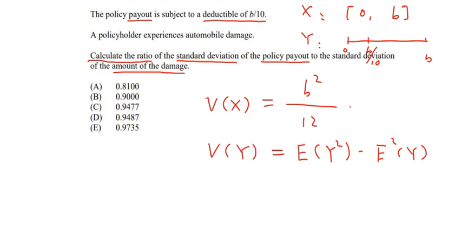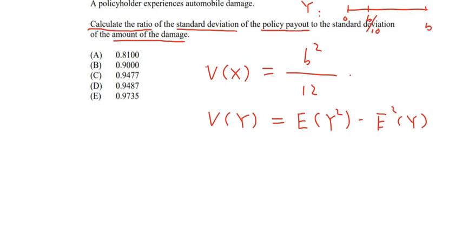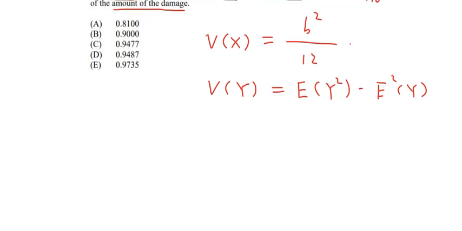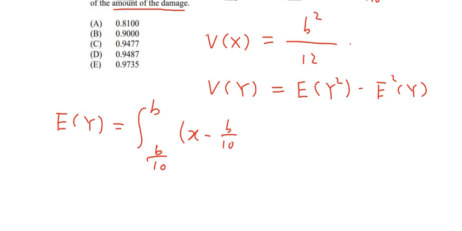So here let's calculate. What is y, and what is y squared? Y equals 0 below the deductible. Above it, y goes from b over 10 to b, and y is x minus the deductible, the payment. The density function is 1 over b dx.